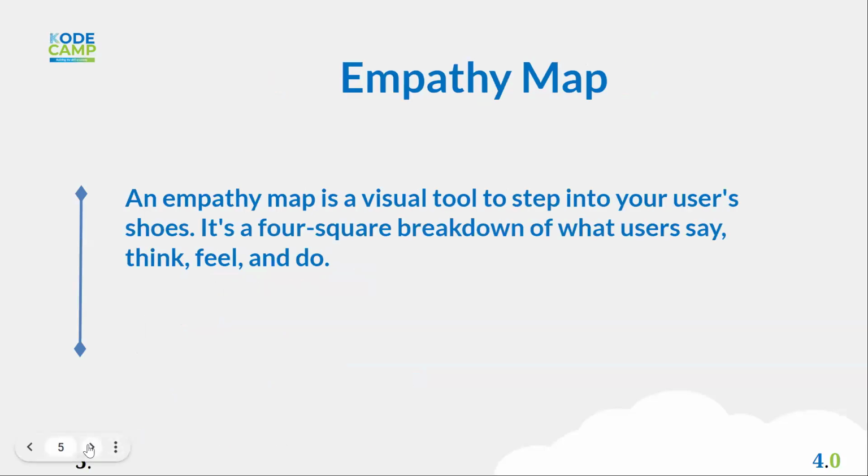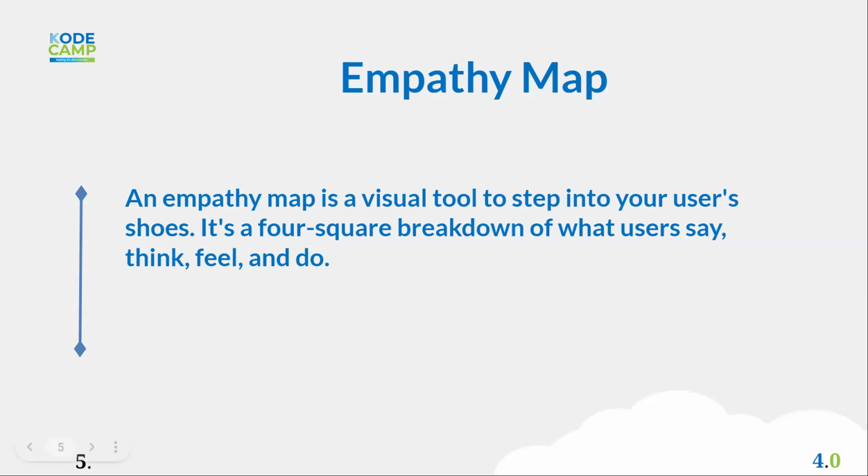So empathy means putting yourself in your user's shoes to understand what your users are passing through. An empathy map is an easy to understand chart that explains everything you have learned about your user from your research. It's a 4-square quadrant that represents what your user says, thinks, feels, and does.